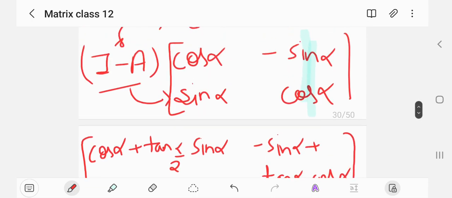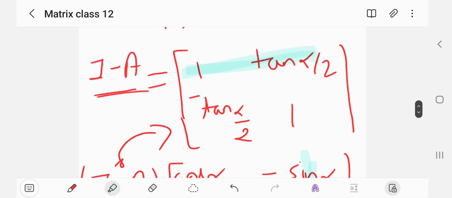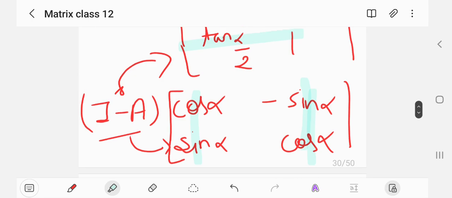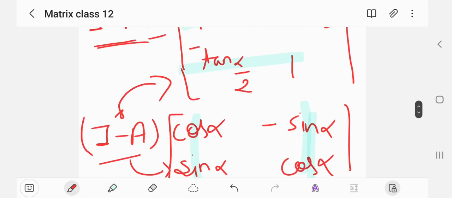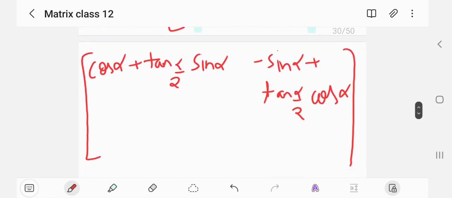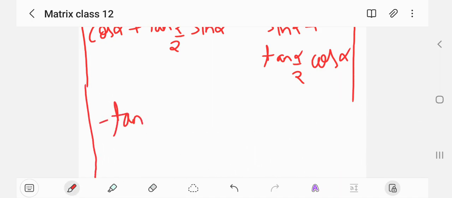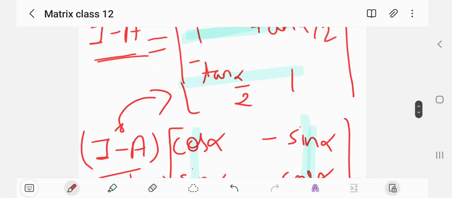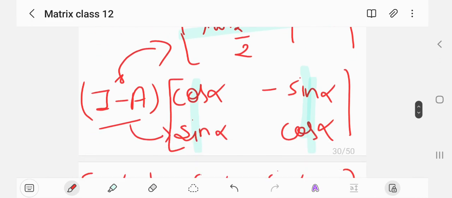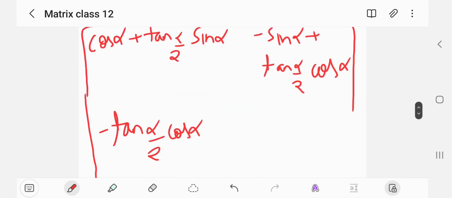I hope it is clear to you. Now I will multiply this row with this column. When I multiply, I get a negative sign here, minus tan alpha by 2 cos alpha, and plus sin alpha.